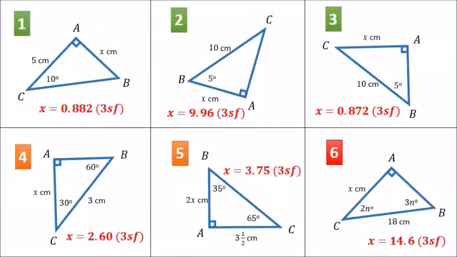We can then use sine 3n is equal to x over 18. If n is 18, then 3n is 54. So sine of 54 is equal to x over 18. And we can then figure out that x is 14.6 to 3 significant figures.